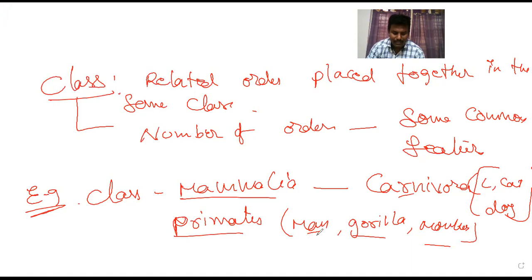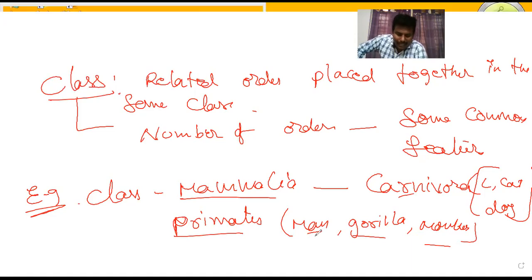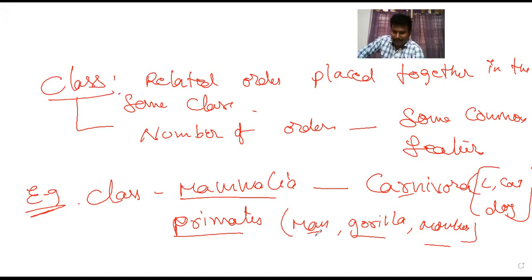So the class Mammalia has order Carnivora and order Primates.